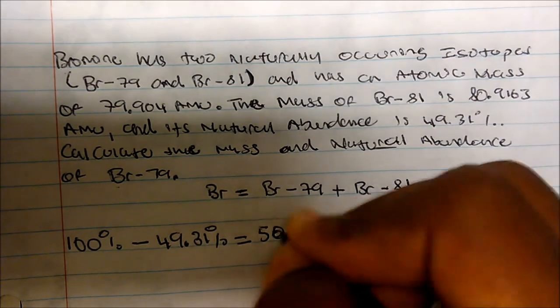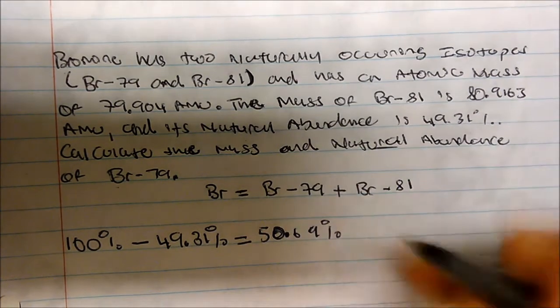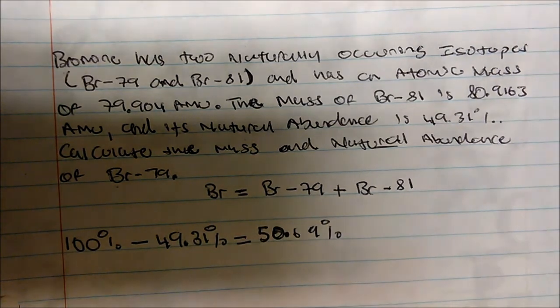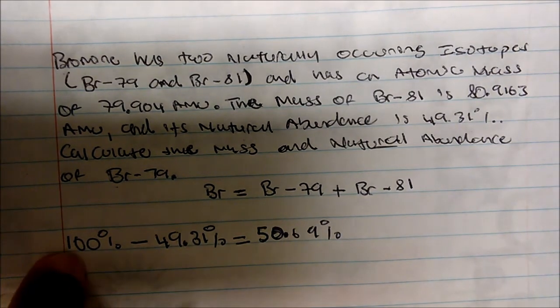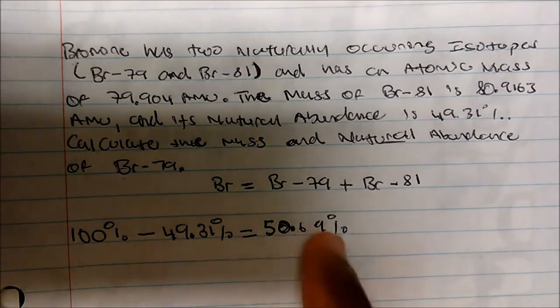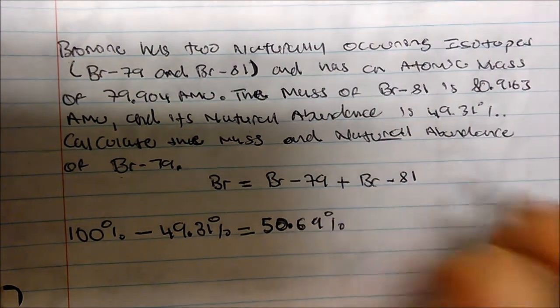If I take the difference of these two, and everything is always out of 100, so we should know that by now. So the only thing I do is simply take 100% and subtract 49.31 from it to get the natural abundance of bromine 79.